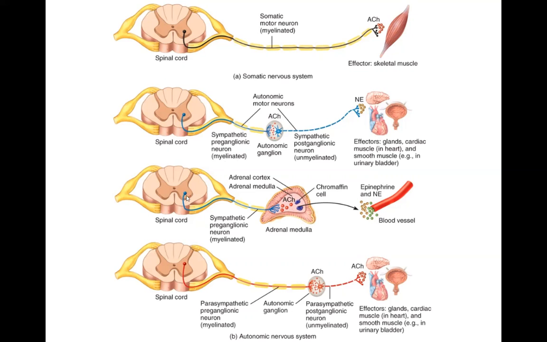The third picture is another picture showing you the sympathetic nervous system, and you can see what we call the adrenal medulla in the middle. If you show the adrenal medulla, you have to be dealing with the sympathetic nervous system. And then down at the bottom, it's a long pre and a short post. So the first neuron's really long, the second is really short. That's going to tell you that this is parasympathetic.